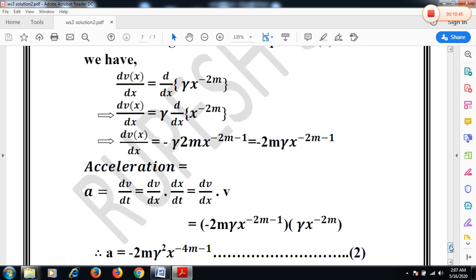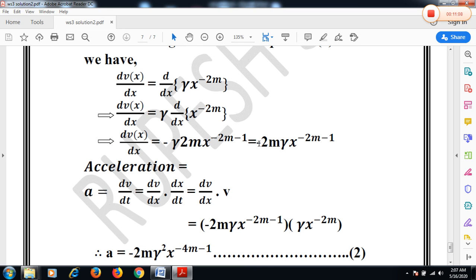So acceleration a will be dv/dt, which results in dv/dt equals dv/dx into dx/dt. Here we are using the chain rule. So we have dv/dx into v, since dx/dt equals v. Now we put in the values of dv/dx and v.